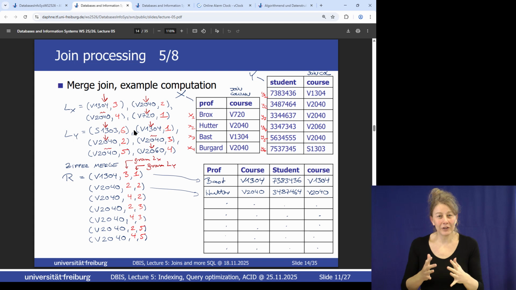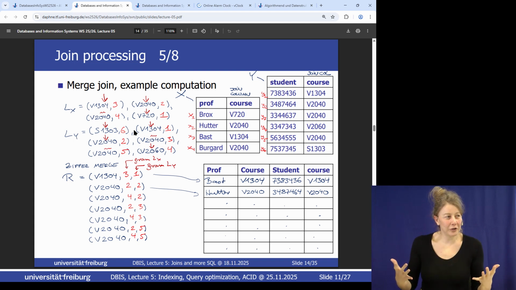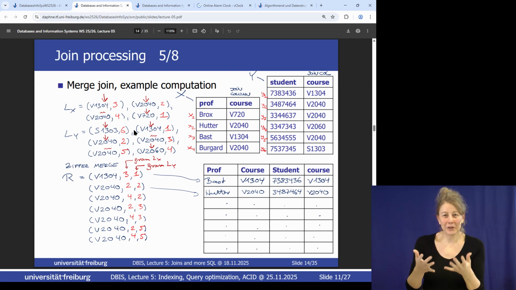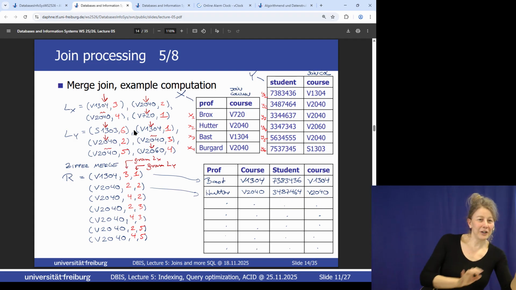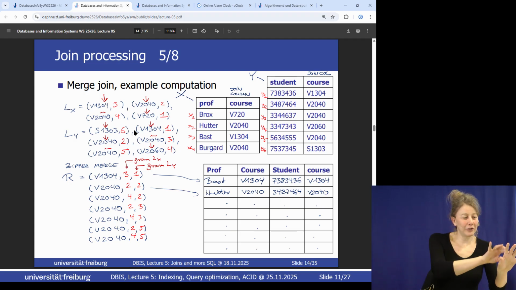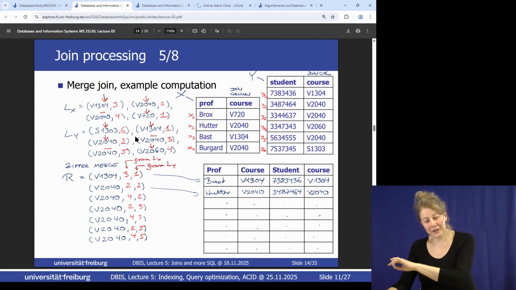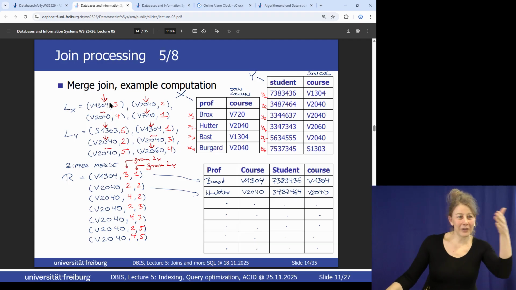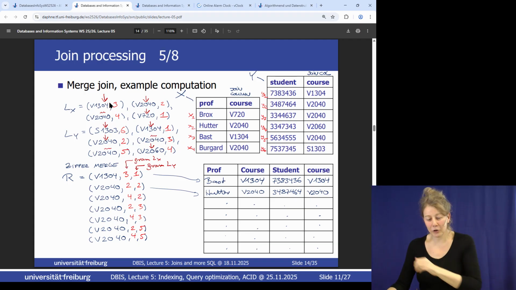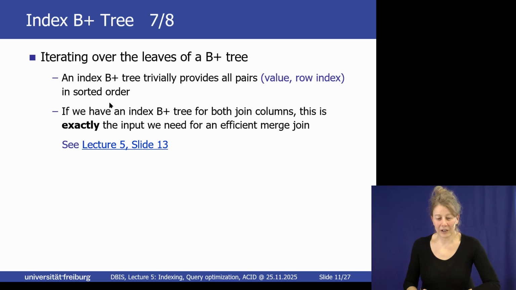And if you have this, you should of course do a merge join, because it's much, much better than iterating over one list and doing a lookup for everything on the left in the list on the right. This is linear time. The other thing is the size of one list times log of the size of the other list.